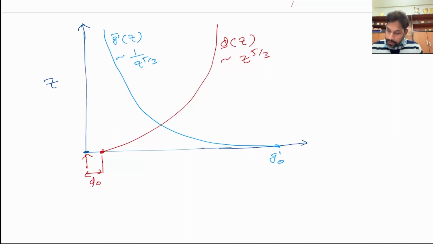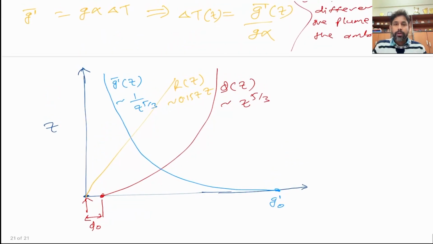Okay, and likewise, if you want to plot your radius R, depending on what is your initial radius, this will increase with 0.157 of Z. Okay, that is, which increases linearly. Okay, so these are different plots you will get.